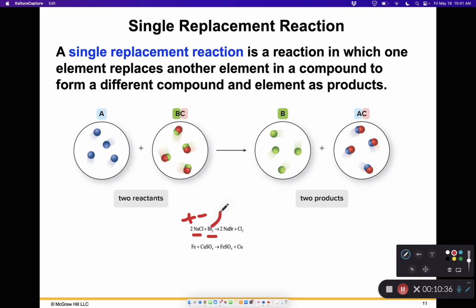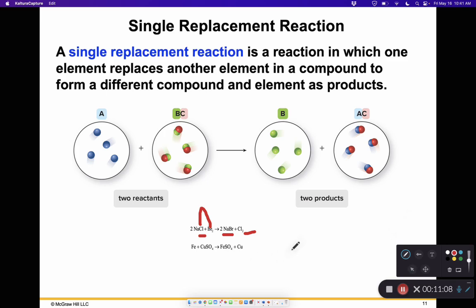The non-metal will replace the position of a non-metal. And now we can make sodium bromide, right? So chlorine is replaced by the bromine. Now that chlorine is kicked out and it remains as a diatomic chlorine molecule. And after that, you can balance the equation, okay? So that is how the single replacement reaction takes place.